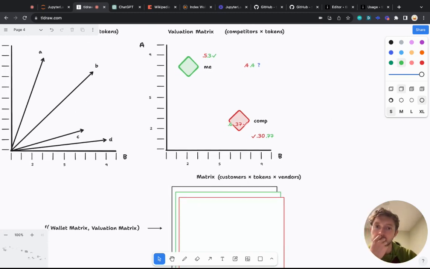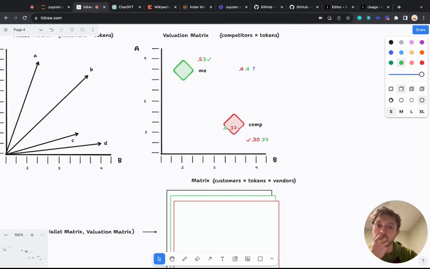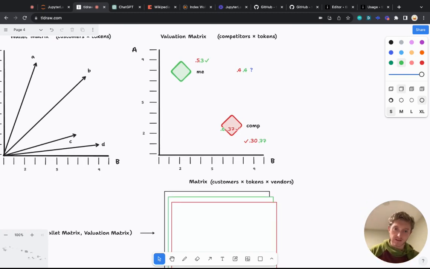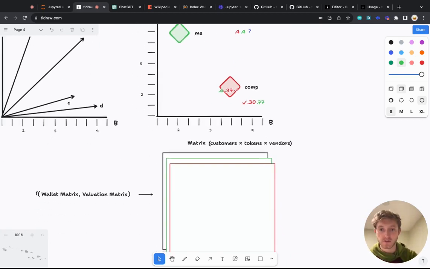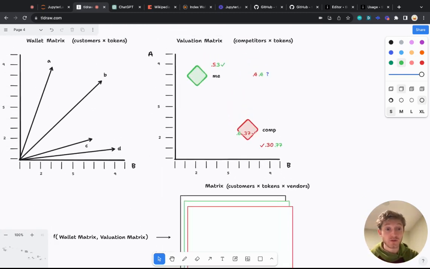Cool. And then we can take this, and for each vendor, we can compute an expectation, right?